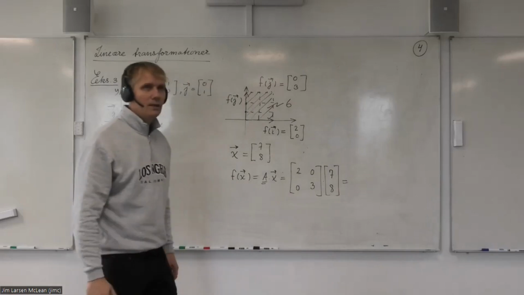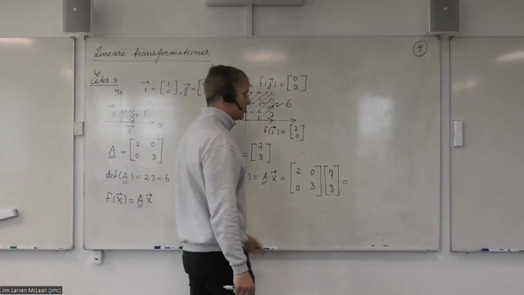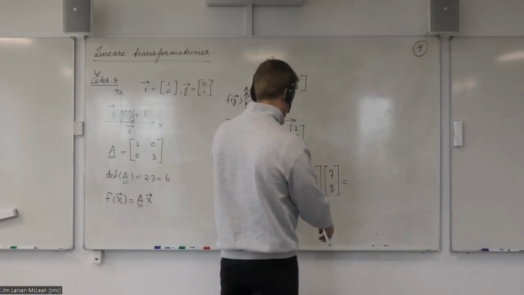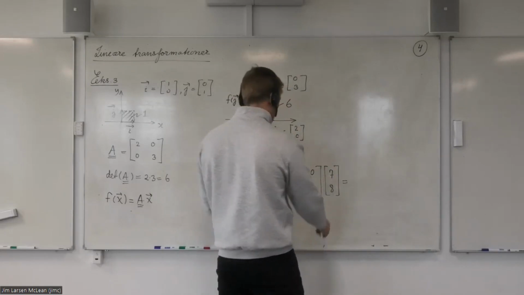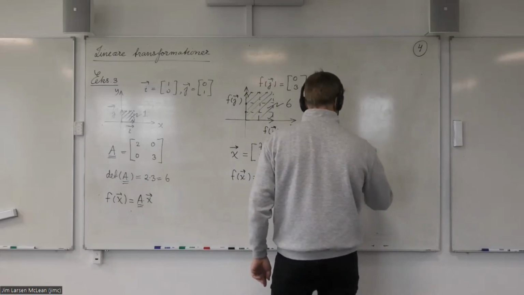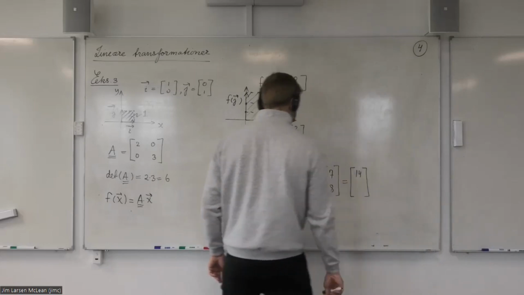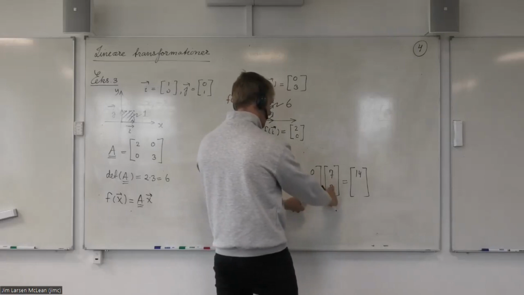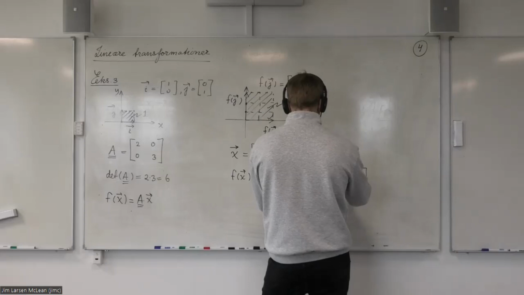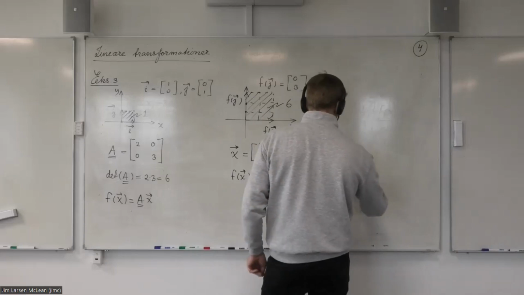And then you just need to do matrix-vector multiplication. This times that plus this times that. Left hand does this, right hand does that. So that makes 14 and nothing. And then the same for the second row: 0 plus 24. So it's 24.